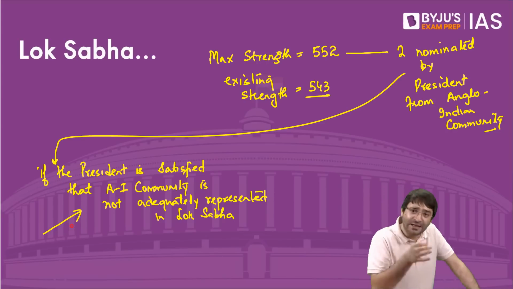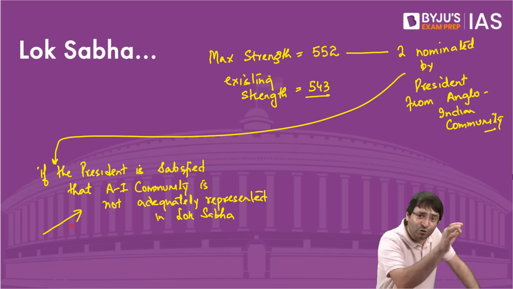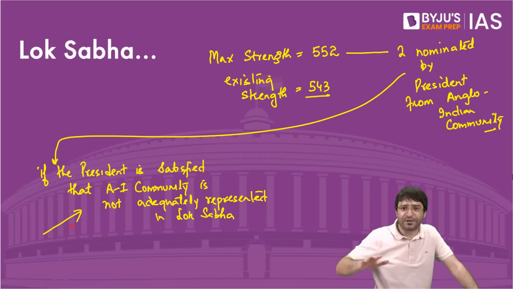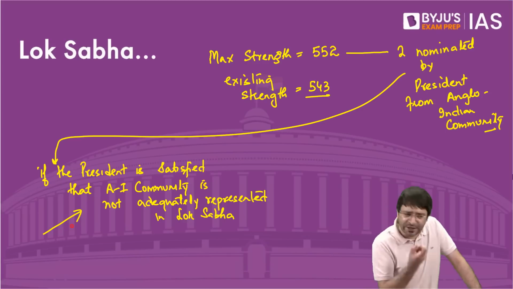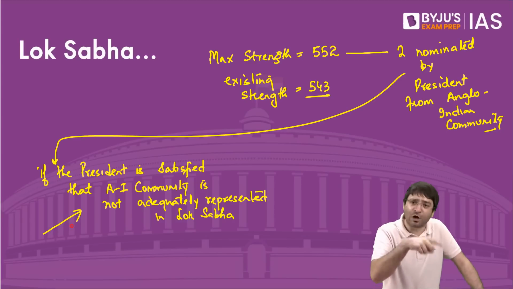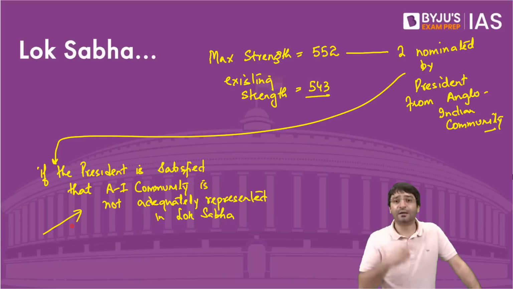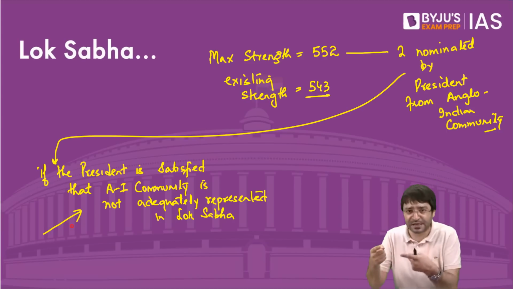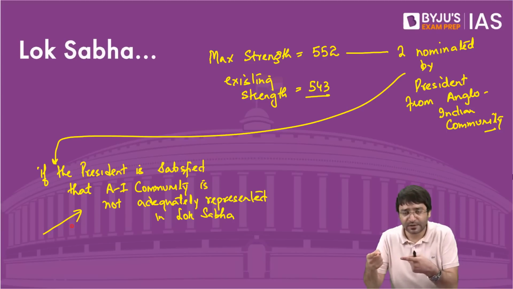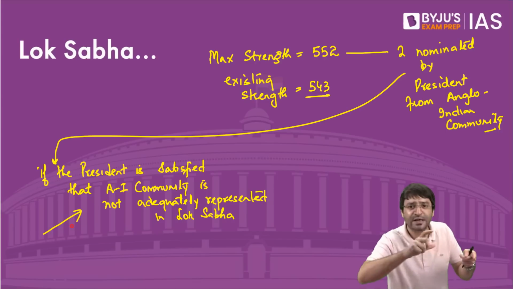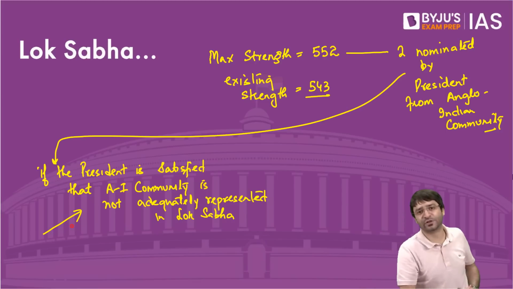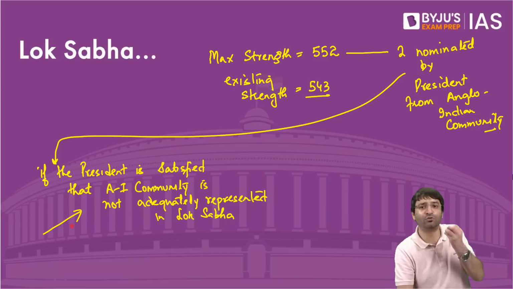It is mandatory for the President to nominate 12 MPs to Rajya Sabha from the fields of art, literature, science, social service. But it was not mandatory to nominate two MPs from the Anglo-Indian community to Lok Sabha. Why? Because the Constitution said if the President is satisfied that the Anglo-Indian community is not adequately represented in the Lok Sabha, then the President could have nominated two Anglo-Indians to Lok Sabha.